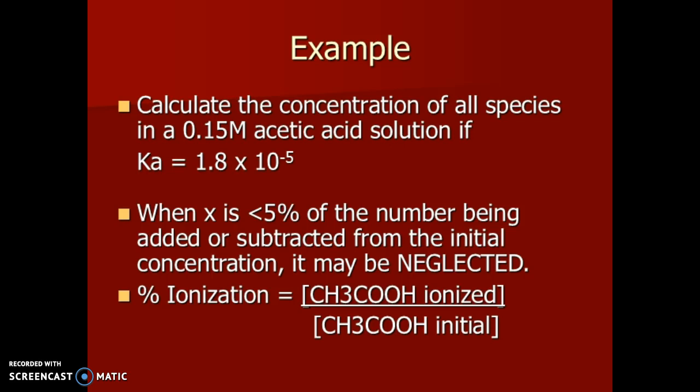And the rule of thumb is essentially, if it's less than 5% ionized at equilibrium, you can ignore the change to the initial concentration. And what that correlates to, again, is a K value with an exponent of negative fifth or more. So now on to the problem.